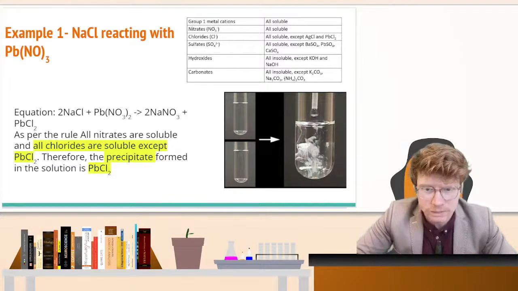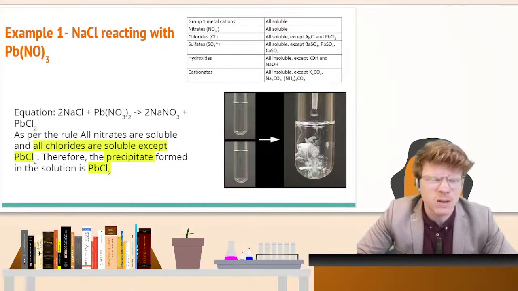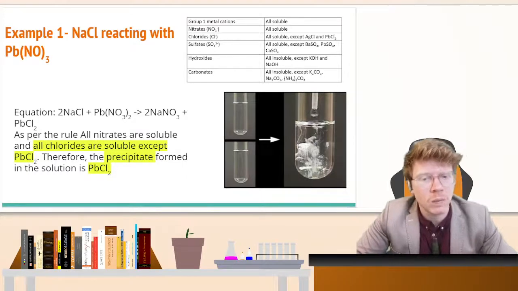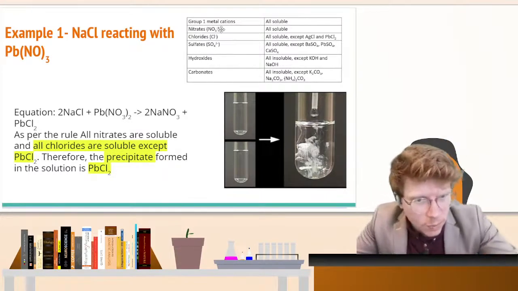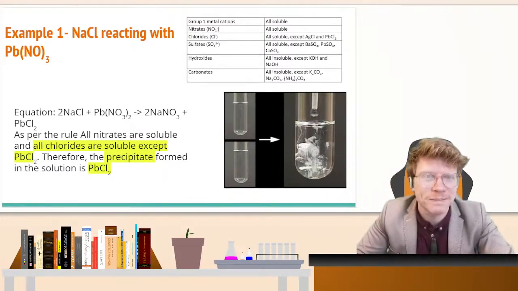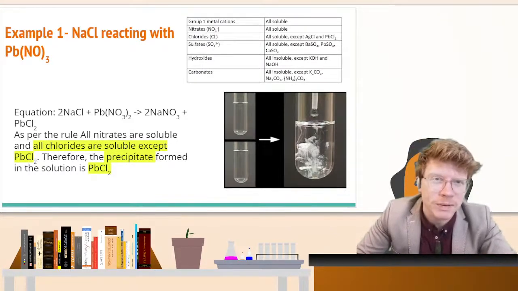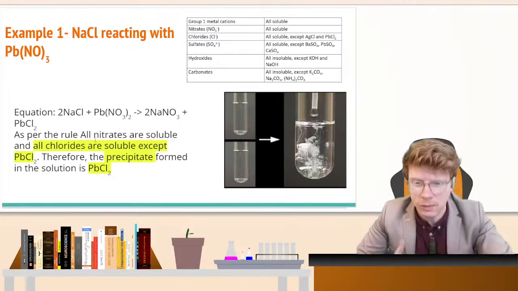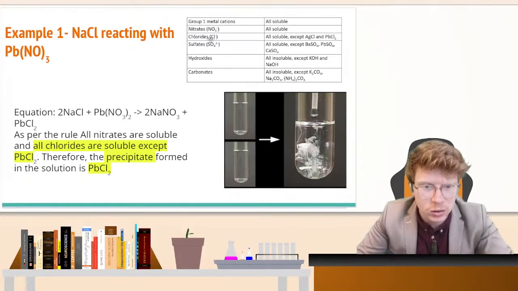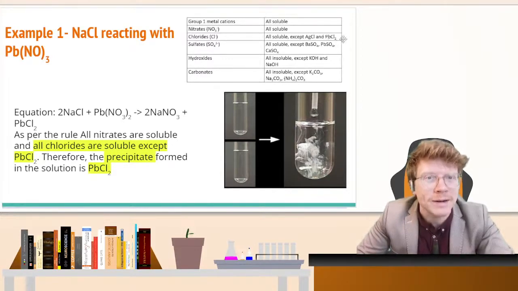So let's look at the two. Let's look at sodium nitrate first. What does it say about nitrates? All nitrates are soluble. So your sodium nitrate, that's not your precipitate, is it? What about lead chloride? Let's have a look. Chlorides, all are soluble except silver and lead.